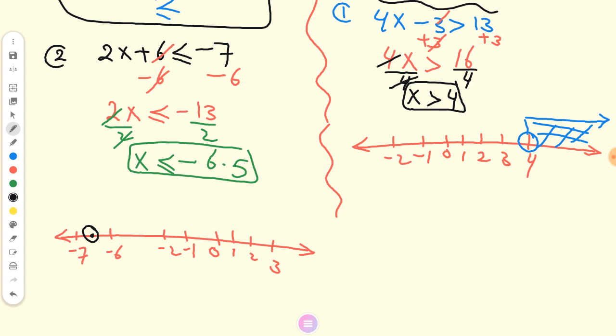I have equal, less than or equal, that means I will shade the circle like this. After that, I said less than, that means I will take all the real numbers that are less than or equal to negative 6.5. Less than means I will draw an arrow to the left hand side. And that's it.